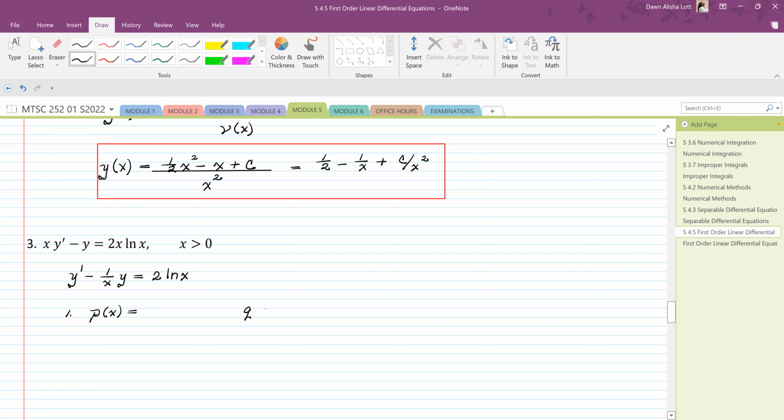Oh, sorry. q of x is 2 times the natural log of x. Okay, so what is our p of x? Isn't our p of x 1 over x? Okay, but it is negative because it is negative here. Remember, it's plus p of x. So therefore, that whole thing has to be p of x. So it is negative. Okay, any questions?